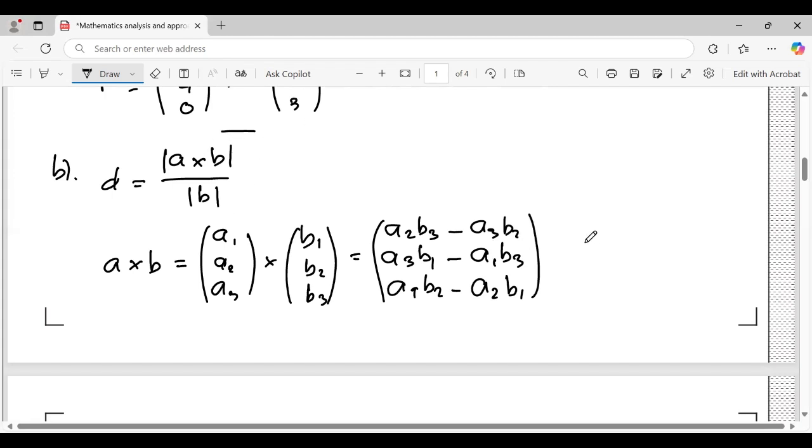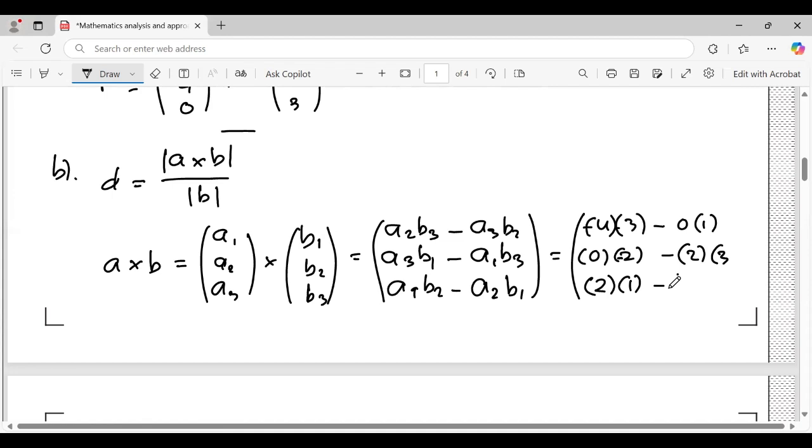Or if we substitute the previous information, we can find minus 4 times 3 minus 0 times 1, 0 times 2 minus 2 times 3, 2 times 1 minus minus 4 times minus 2.